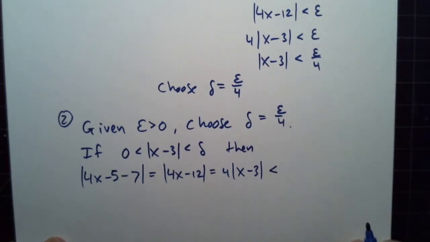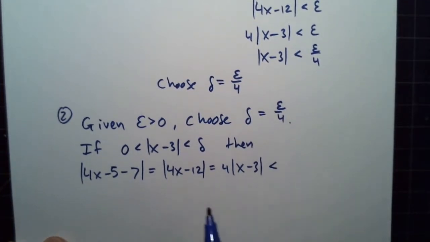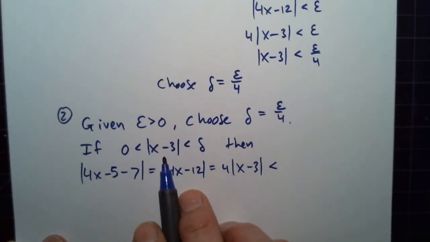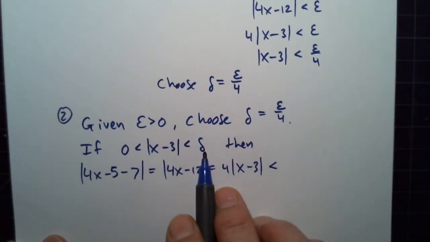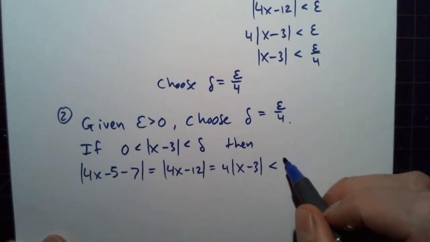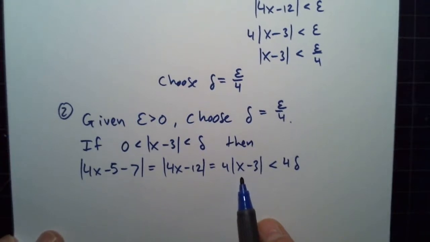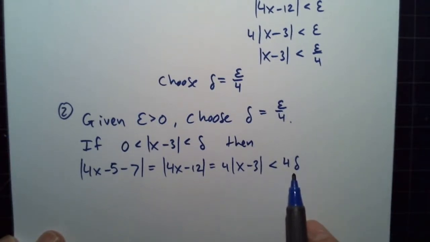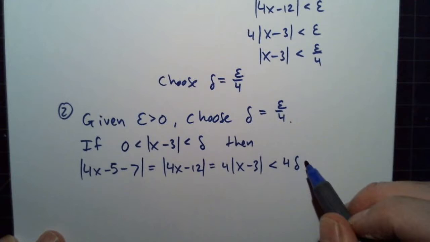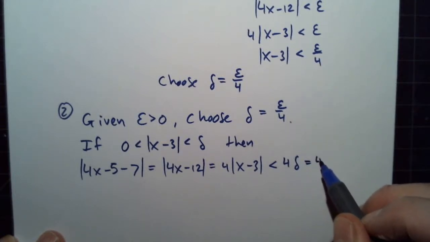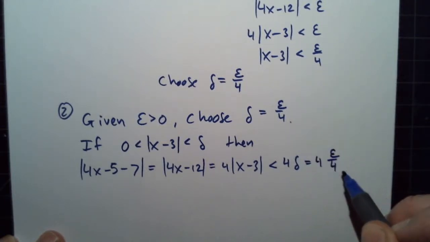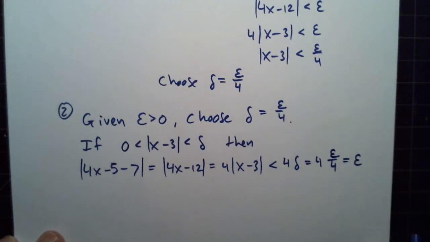which is less than, now we see the connection. This is less than delta, so this is less than 4 delta. All we do is substitute for the absolute value of x minus 3, and that means that 4 delta can be replaced by 4 epsilon over 4, which equals epsilon.